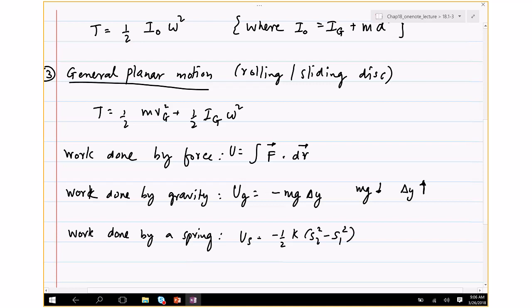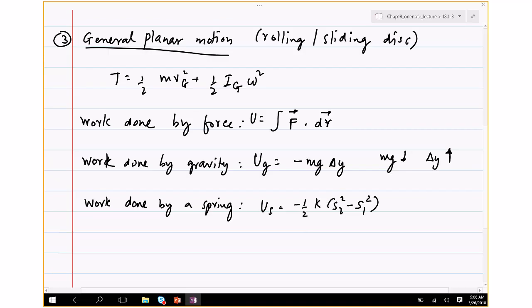No matter if you stretch it or compress the spring, it's always that. And similar to work done by a force, there's a work done by a moment, which only applies for rigid bodies. It doesn't apply for particles, because particles are normally translating, not rotating. I'll call that UM. It's simply M d theta, and you take the integral appropriately.